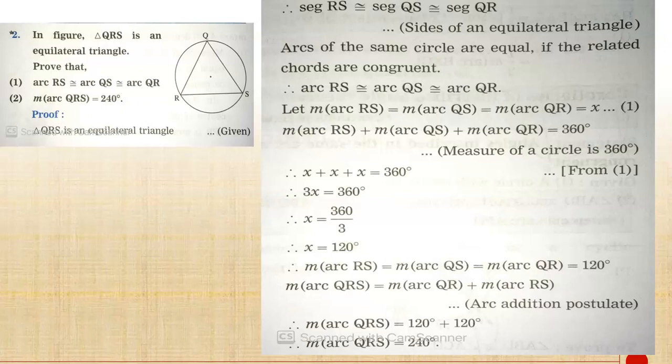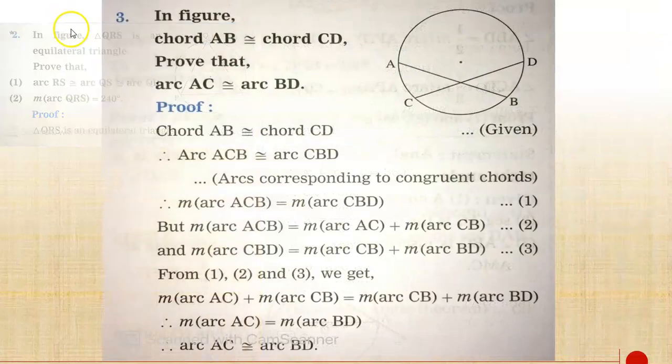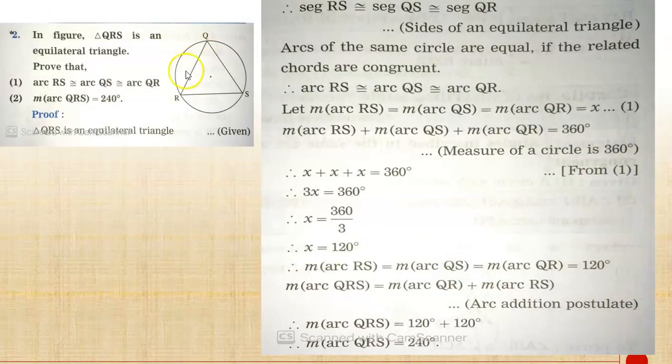Now we also know that arcs of the same circle are equal if the related chords are congruent. Now here the chords are congruent. Therefore I can say that arc RS, the corresponding arc, is congruent to arc QS is congruent to arc QR. Now if the arcs are congruent, that means their measures also are congruent.